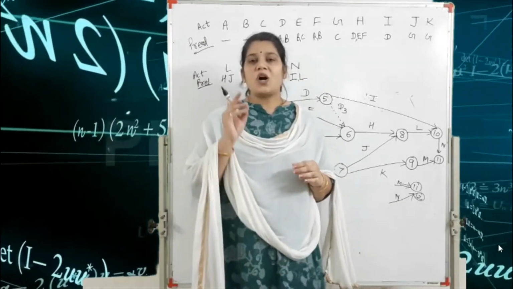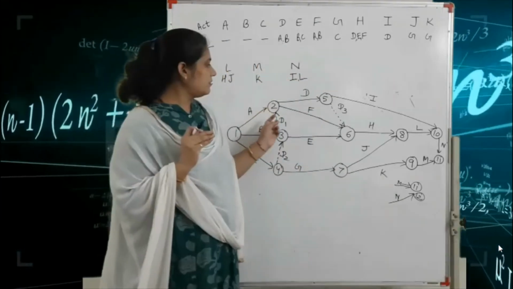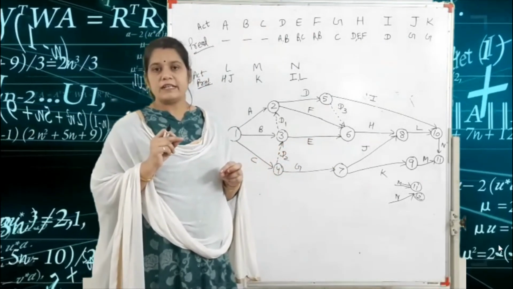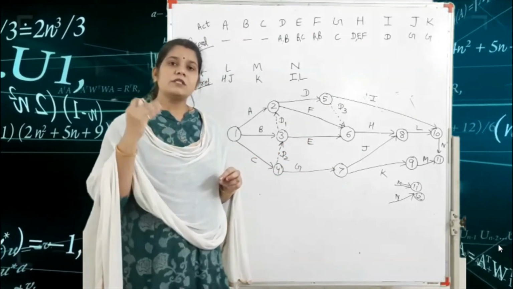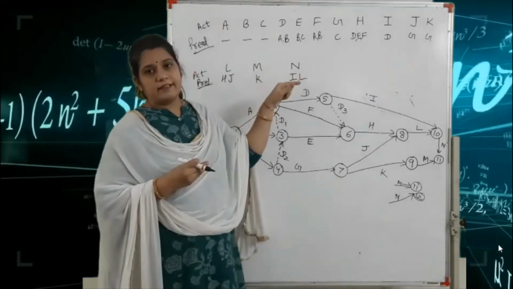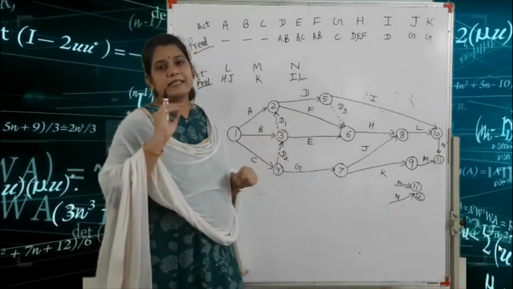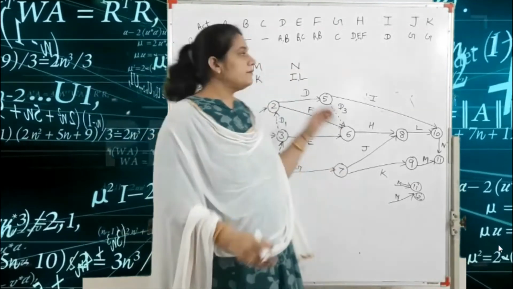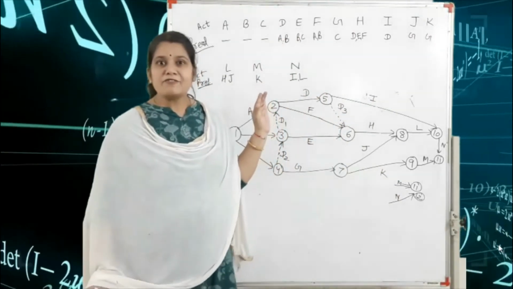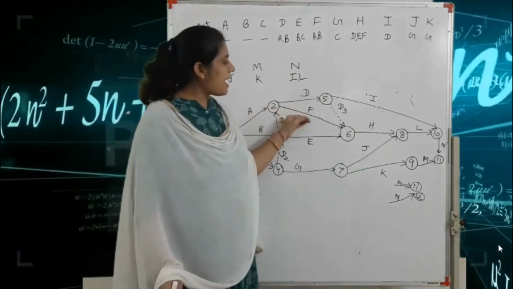So always keep in mind in any diagram, if we use the parallel activity, this is not valid. So always we use the dummy activity. And every time you write a node, check the whole preceding activity, after that you map the arrow.